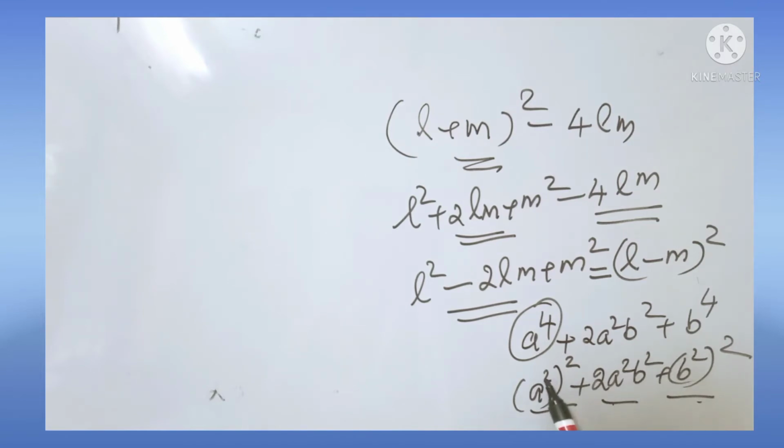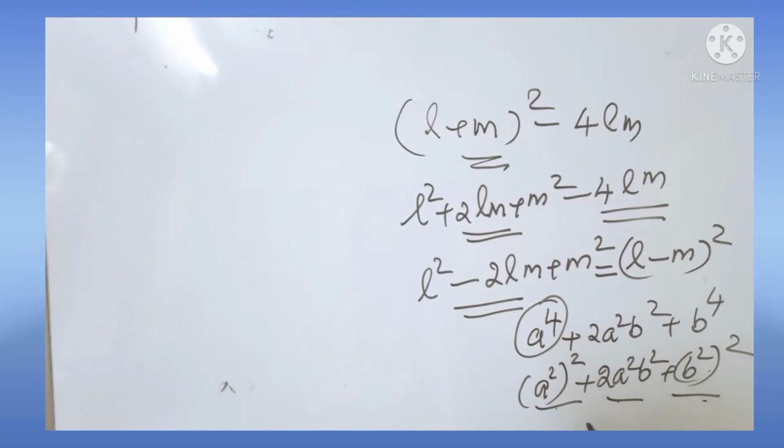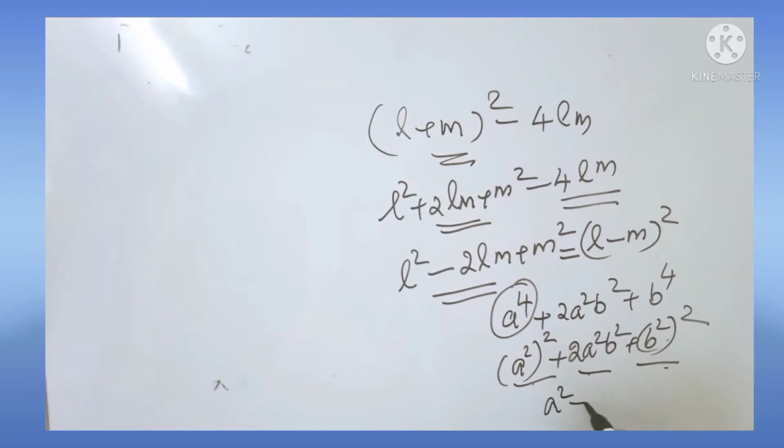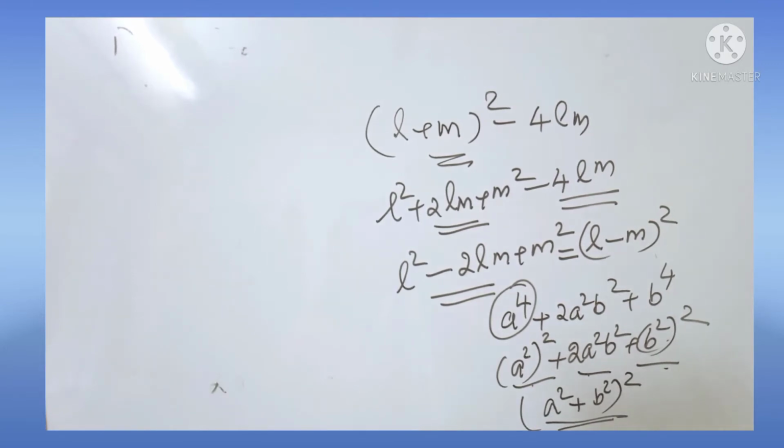Instead of the first term it is a square, and the last term, that is the third term, is b square. So this can be written as a square plus b square whole square. So we completed the first section of the exercise 14.2.